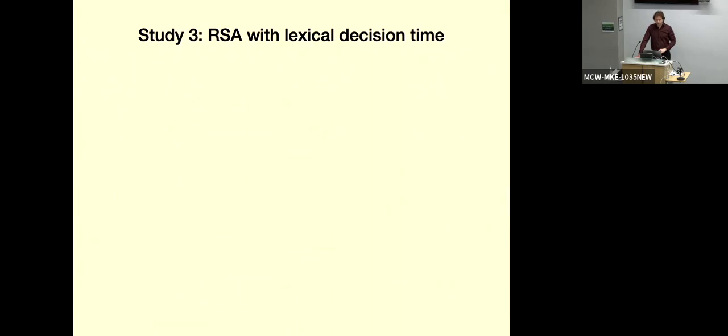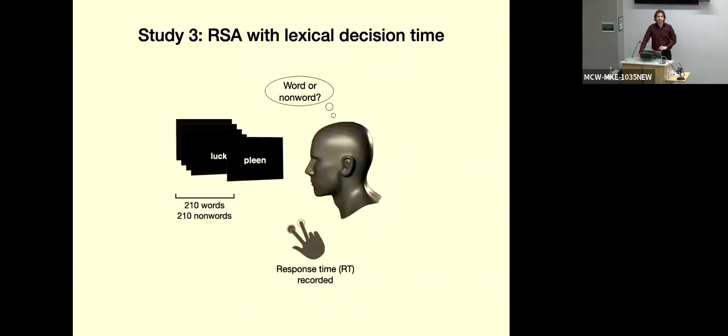In the next study, we did a similar thing, but instead of using functional MRI, we used behavior. We used semantic priming, which is a measure of concept similarity based on how fast it takes you to decide whether a string of letters is a real word or not. So participants were presented with 210 real words and 210 non-words.